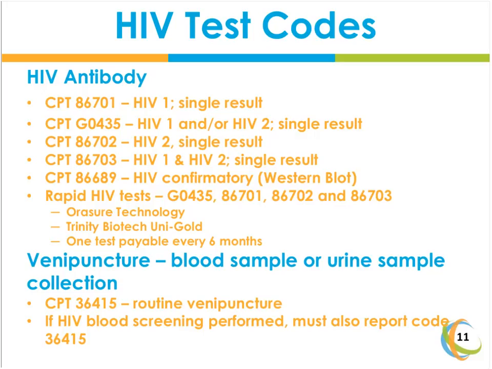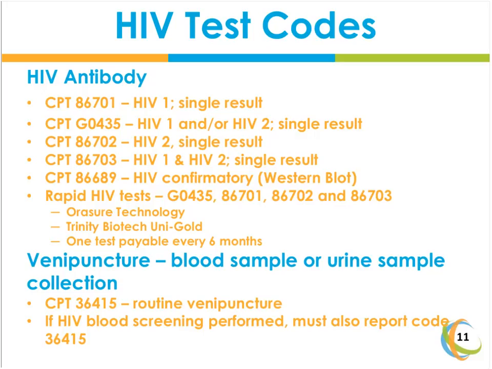And these are the manufacturers that you can contact to get the rapid HIV test kits. Most of the Medicaid agencies pay for one HIV test every 6 months. So again, you should contact your local Medicaid agency to find out the specific reimbursement guidelines that are in place.